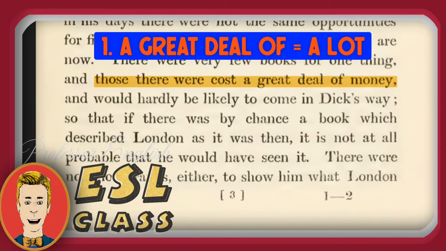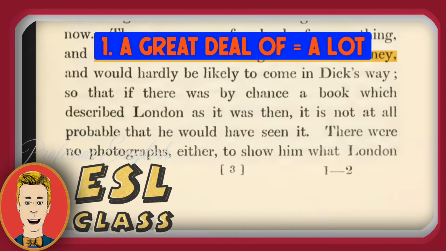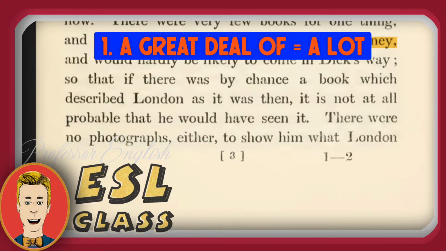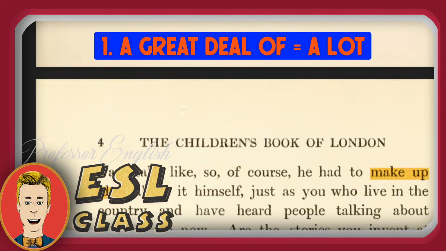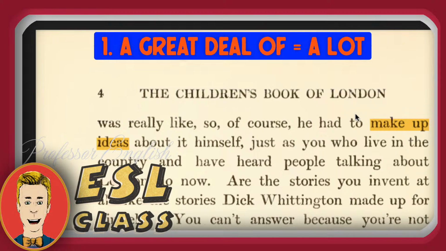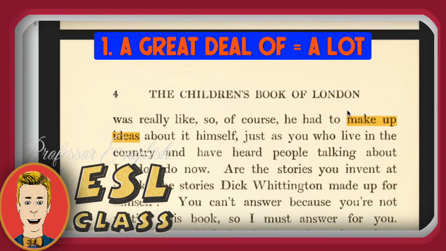So that if there was by chance a book which described London as it was then, it is not at all probable that he would have seen it. There were no photographs either to show him what London was really like. So of course, he had to make up ideas.